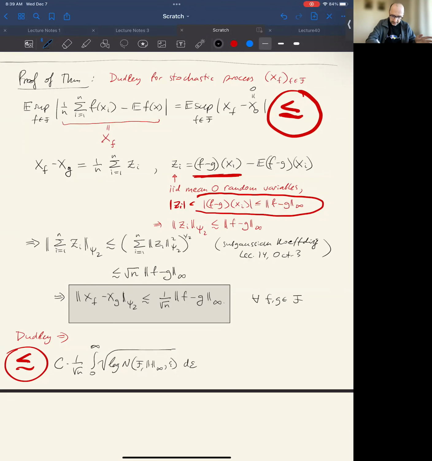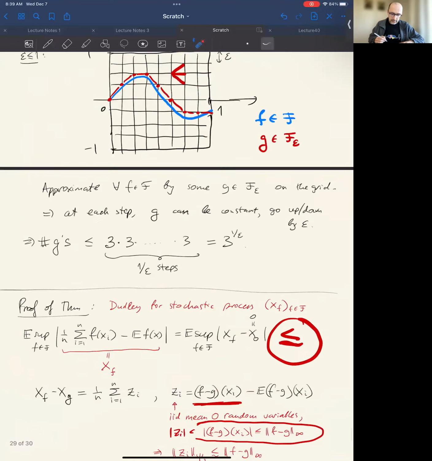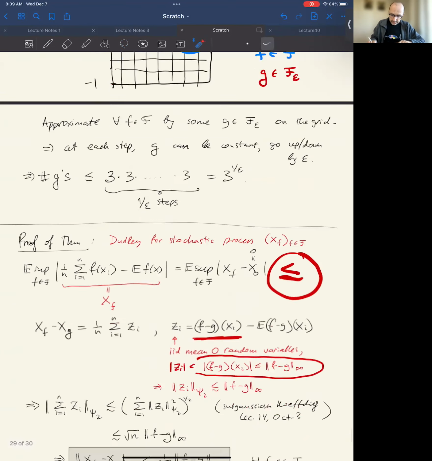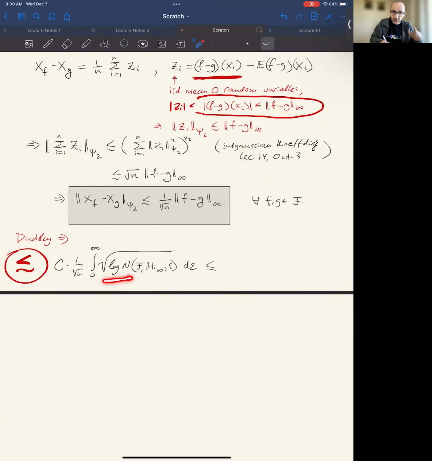Now everything is becoming simple because, first of all, let's look at what we have here. For any epsilon greater than 1, the covering number is 1, which means that if I take the log here, log of 1 is 0, and the integrand vanishes. So really, it's the integral up to 1. Agreed?